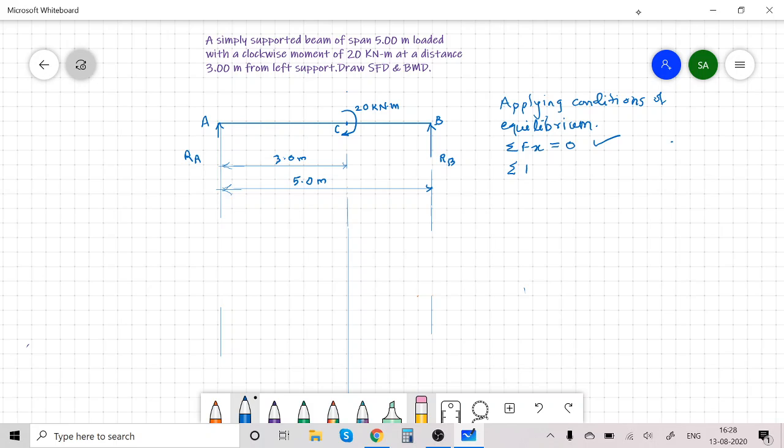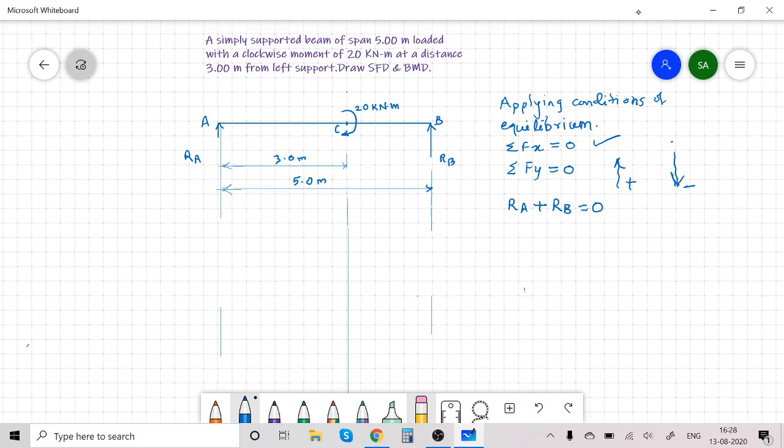Second condition, sigma Fy equal to 0. For that, I will apply all upward vertical forces positive and all downward vertical forces negative. So RA is upward plus RB must be equal to 0.